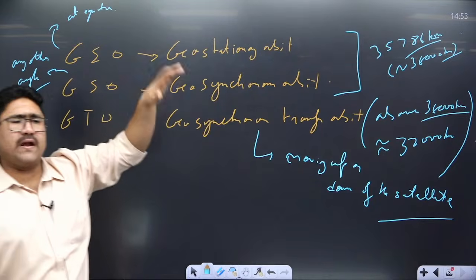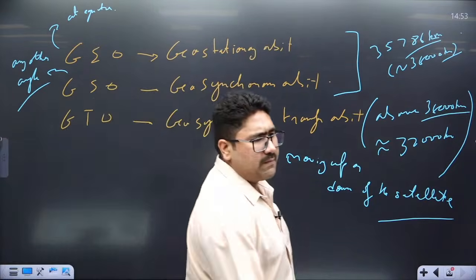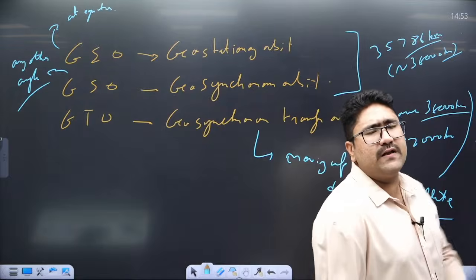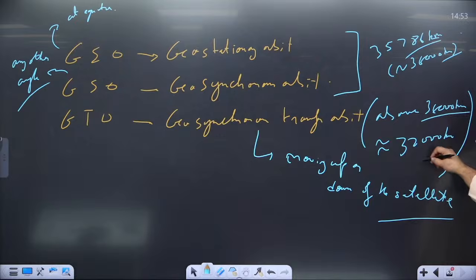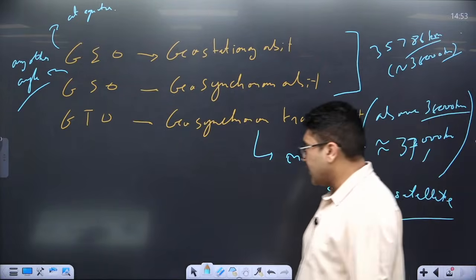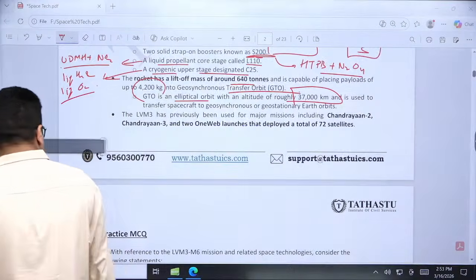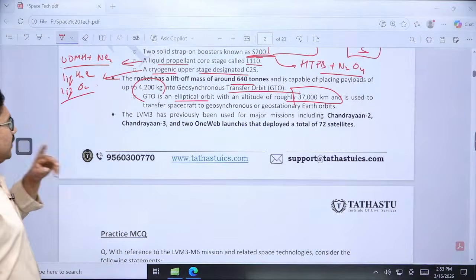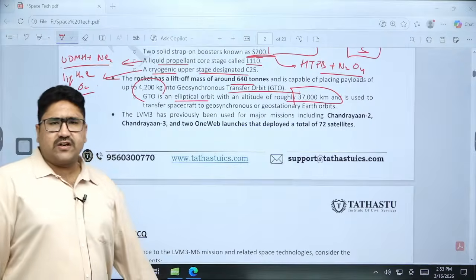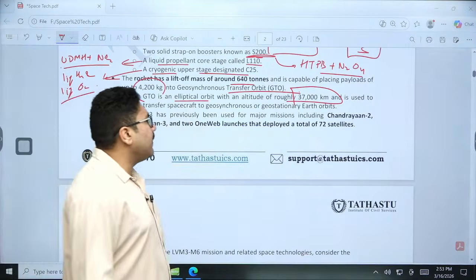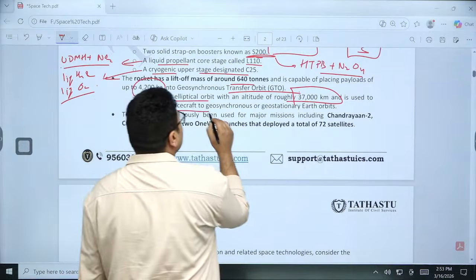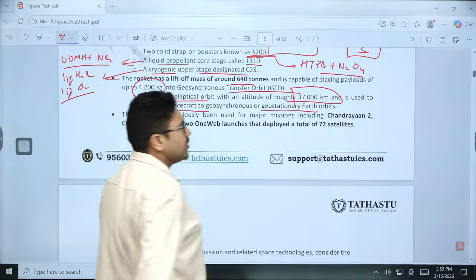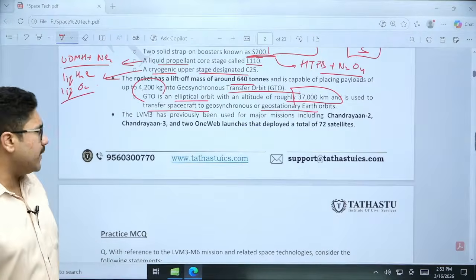From there we can make it go further up, or from there we can make it come down. So that is the purpose of geosynchronous transfer orbit. Now coming back, GTO is an elliptical orbit at an altitude of this many kilometers and is responsible for transferring spacecraft to geostationary or geosynchronous orbit.